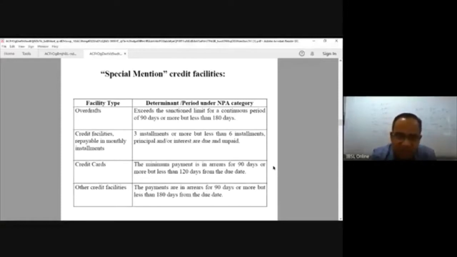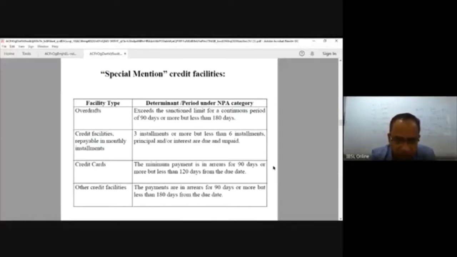If it is monthly installments, 3 installments to 6 installments. Credit cards are more stringent. Credit cards under the SMA are from 90 days to 120 days, another 30 days only. For others we are looking at another 3 months, but for credit cards only 30 days. Those will be in the special mention.